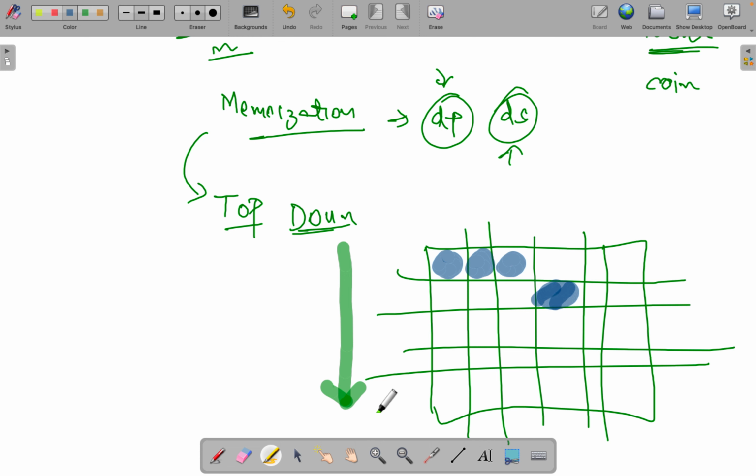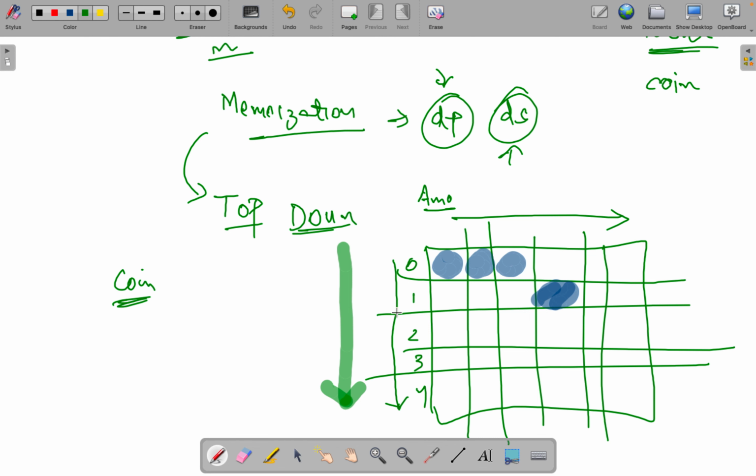In that case we basically have a coin array, and that coin array becomes the row, and the amount becomes the column for us. Let's suppose this is 0 1 2 3 and 4, and let's suppose we have 4 coins, and here we have 0 to 12 and the amount is 11. In that case we initialize our table with some values.